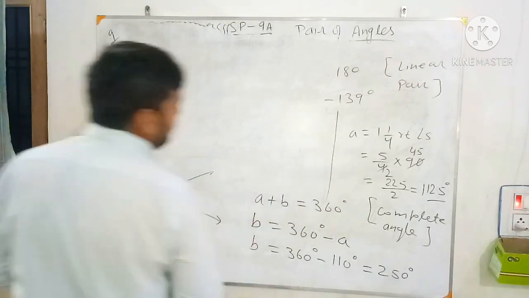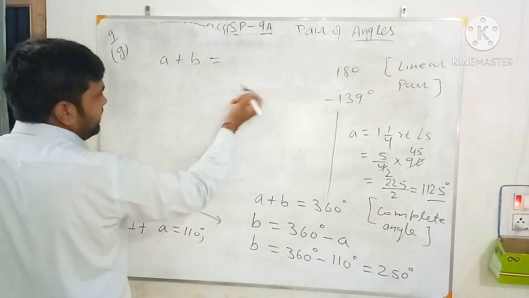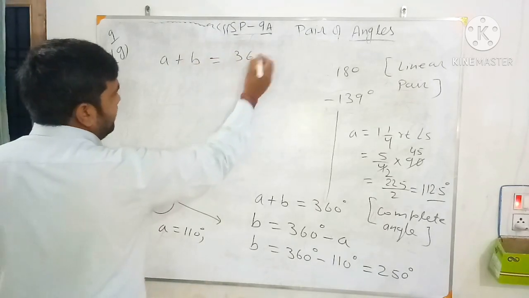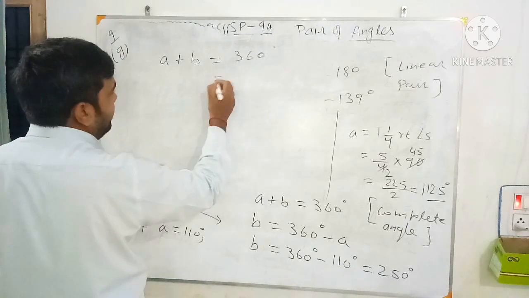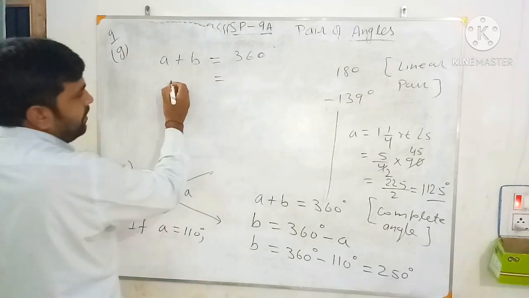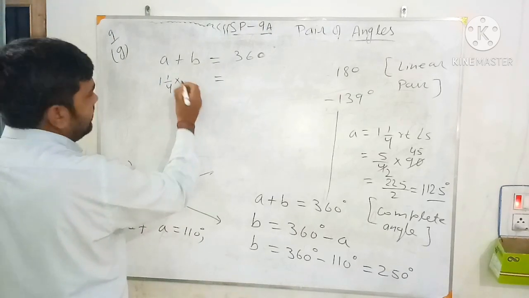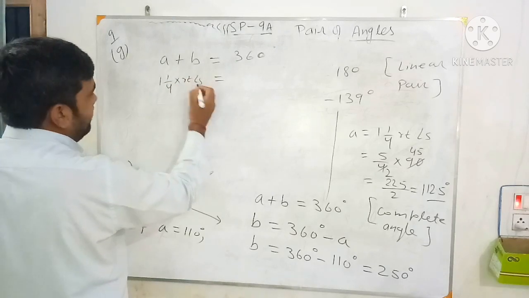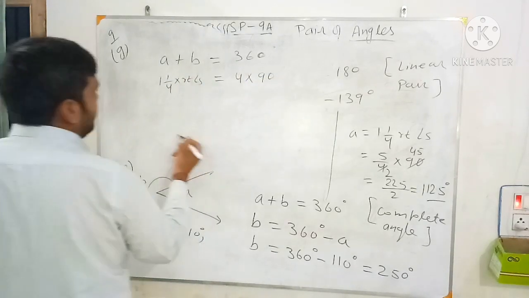So angle A is 1 by 4 right angle. We have A plus B is equals to 360 degree, and 360 degree means 4 into 90. We can also write the measurement of angle A as 1 by 4 right angle, and 360 means 4 into 90 degree.